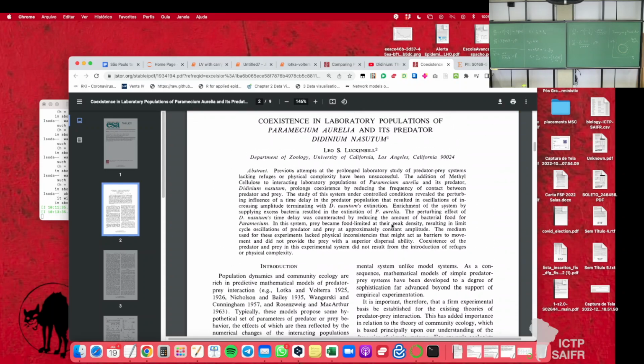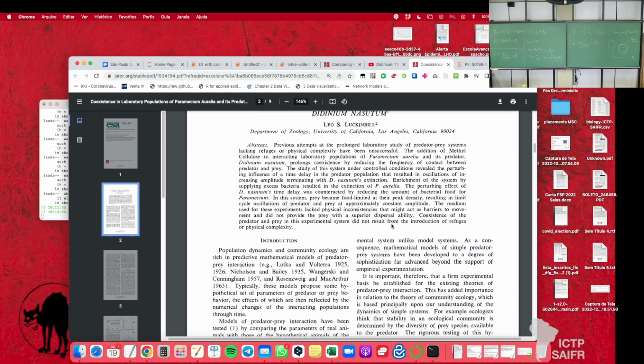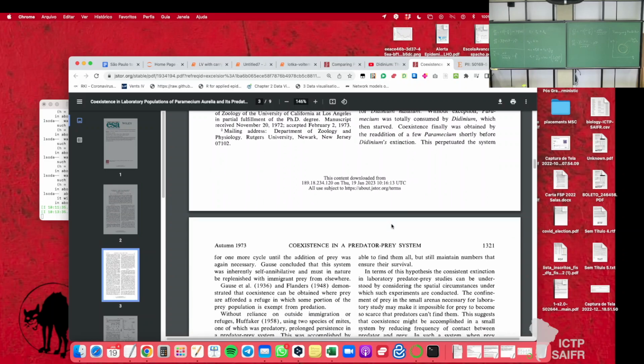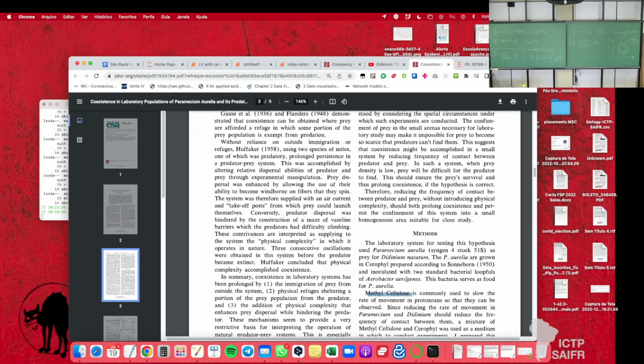What he found, so you have the medium where you grow your culture, a certain medium, and the population crashes.